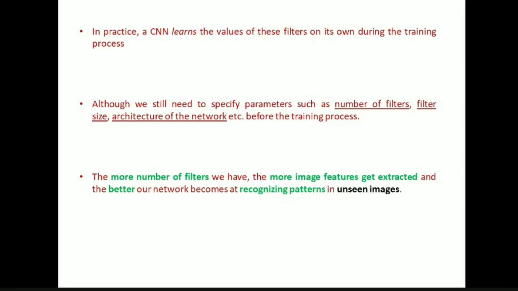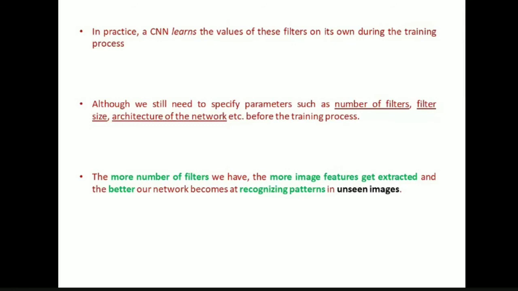In CNNs we have different types of architectures, which we'll discuss later. So before the training process, we have to specify the total number of filters, the filter size, and the architecture of the network. The values in those filters will be adjusted during the training process. The more filters we have, the more features we get from the image, and the better our network performs in recognizing patterns in unseen images.